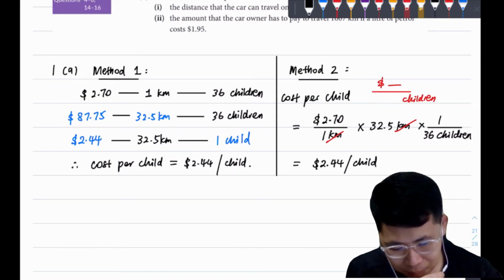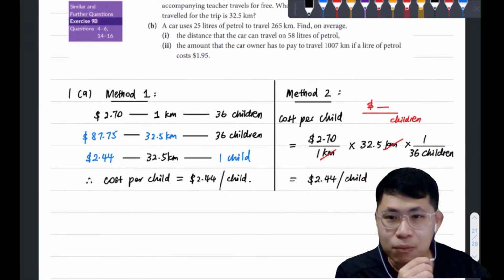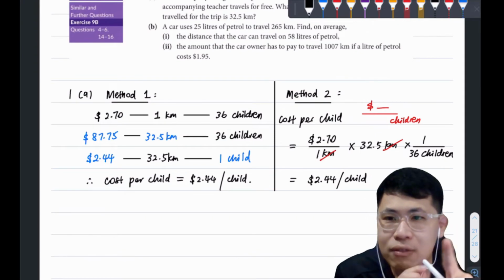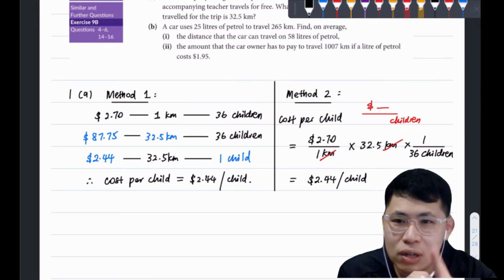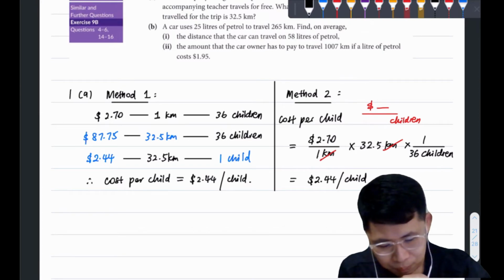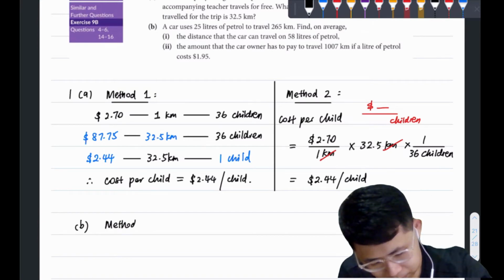Okay, let's take a look at B. A car uses 25 liters of petrol to travel that amount. Find on average the distance the car can travel on 58 liters of petrol. So let's take a look at this one. I'm going to look for method 1, the unitary method.